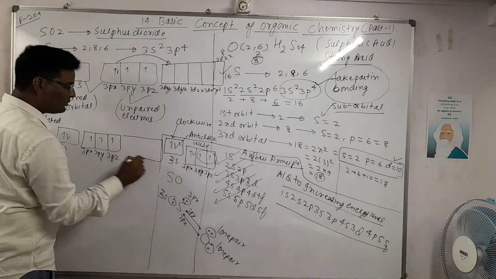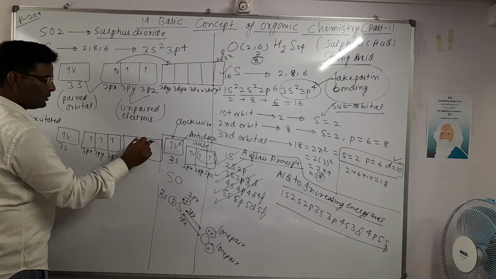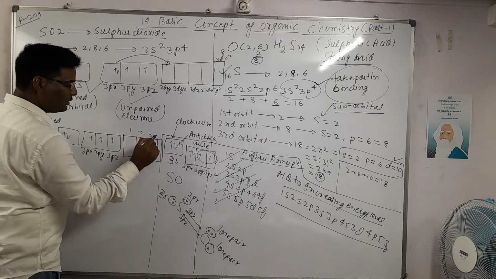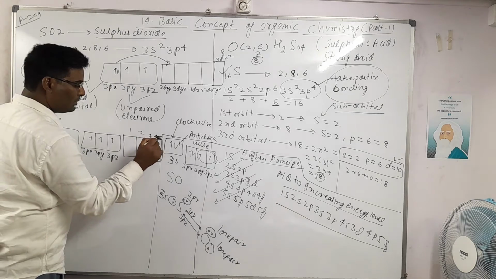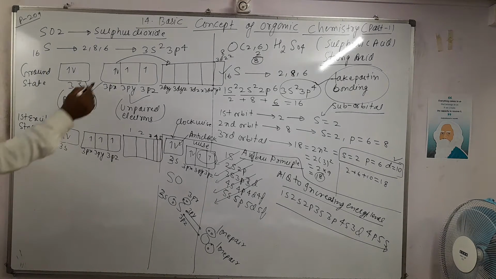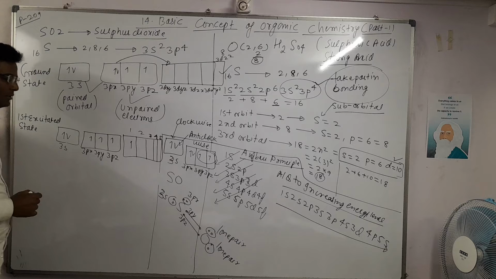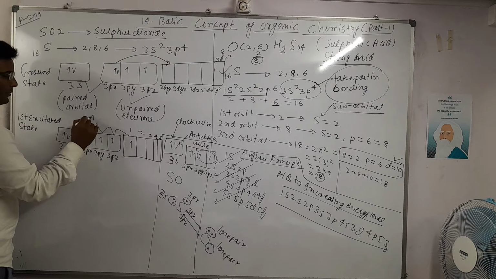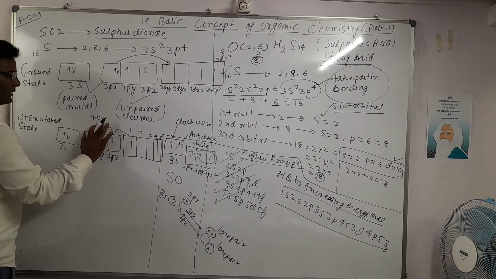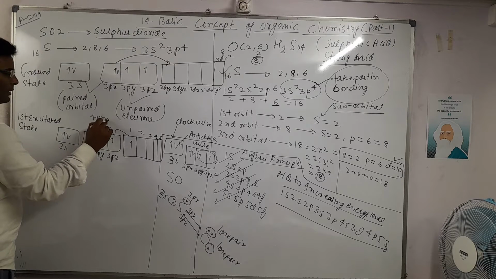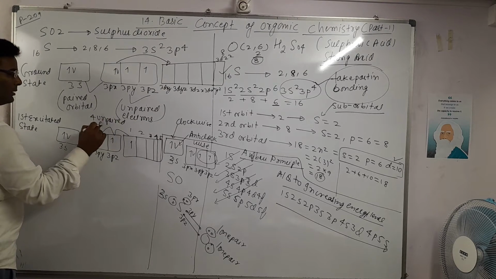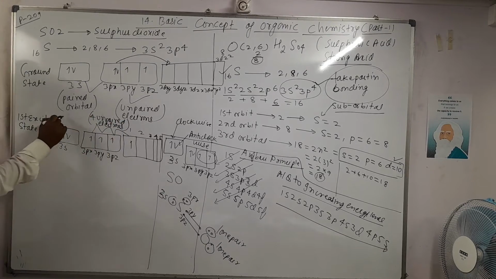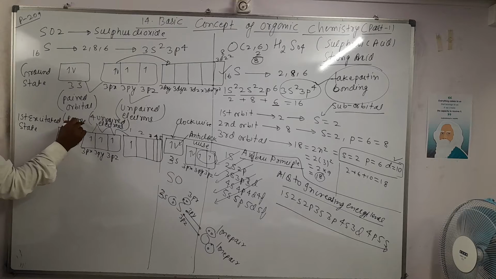In the d orbitals there are total 5 orbitals. So these electrons have jumped here, and now you can see 4 unpaired electrons are there, and this is called paired electrons.